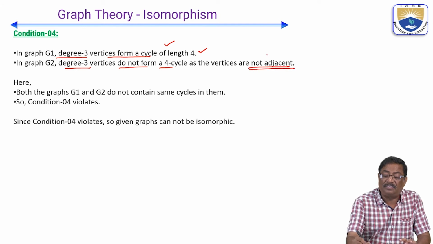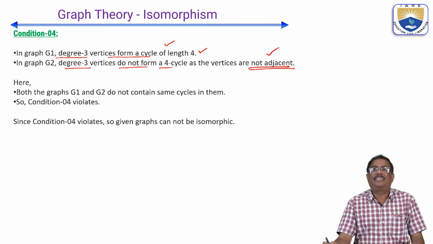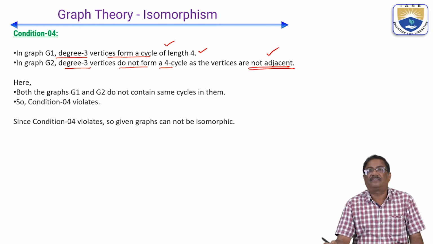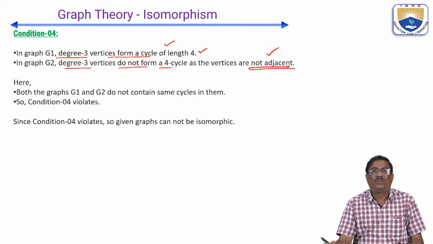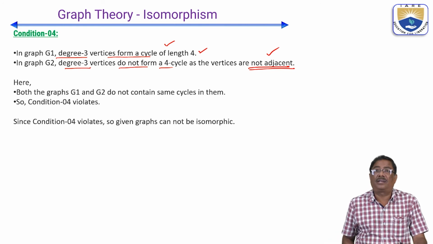This is important. So the graphs satisfy all the above three conditions, but adjacency is not preserved. So the two graphs are not isomorphic.